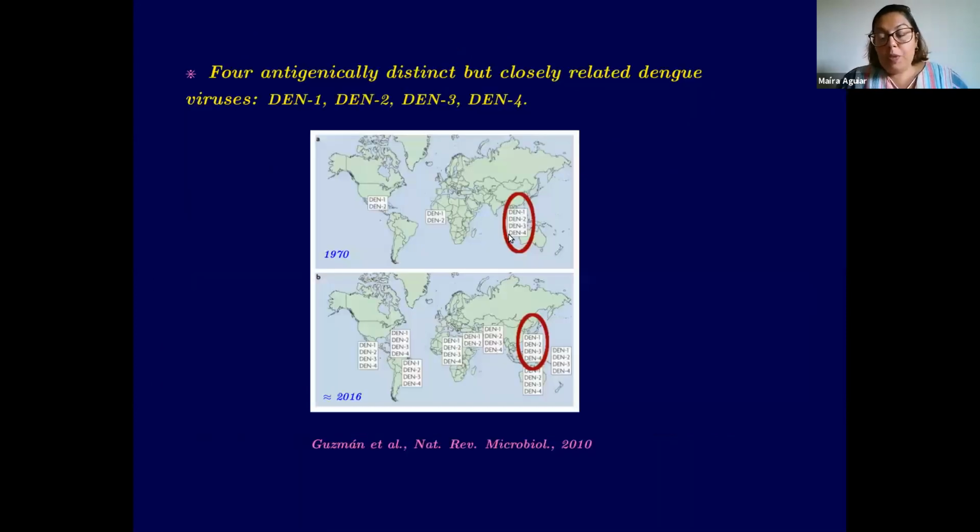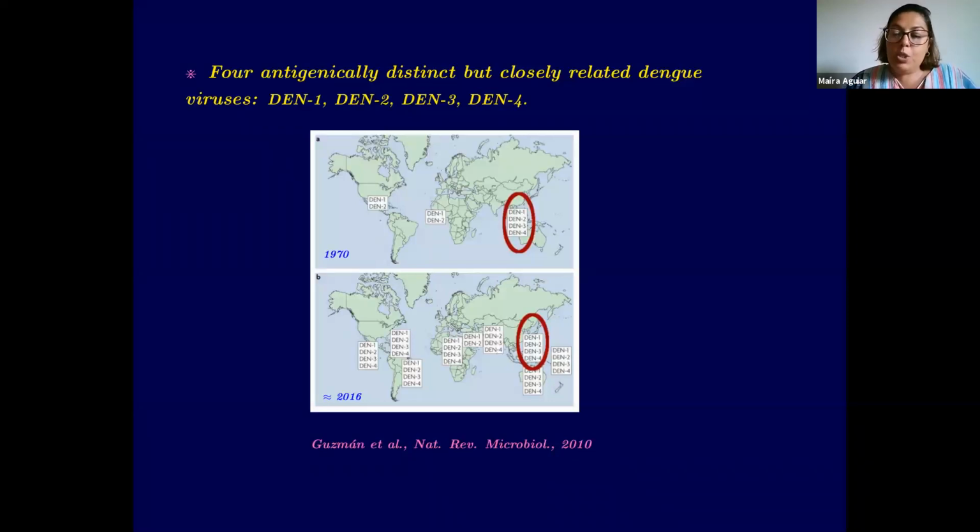So dengue is a very interesting disease because it's not like measles, for example, where we have a single virus transmitting, and then after you get immune, you simply do not get infected anymore. Or there is a very good vaccine against measles, so that after receiving the full immunization schedule, you are immune and protected against this infection.